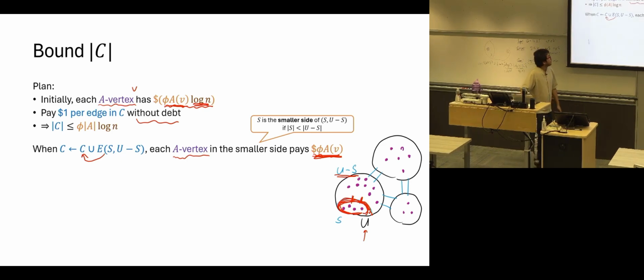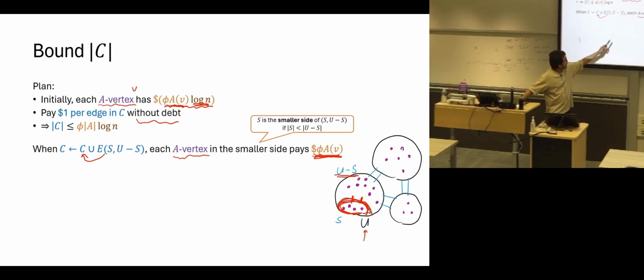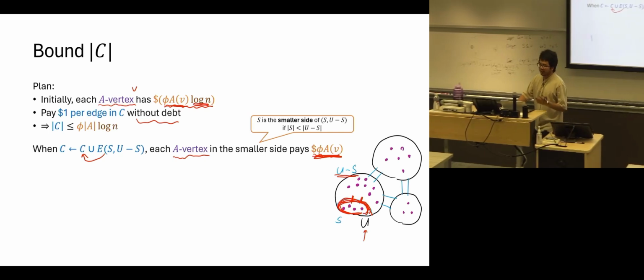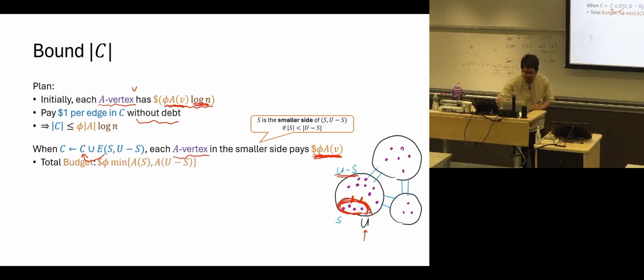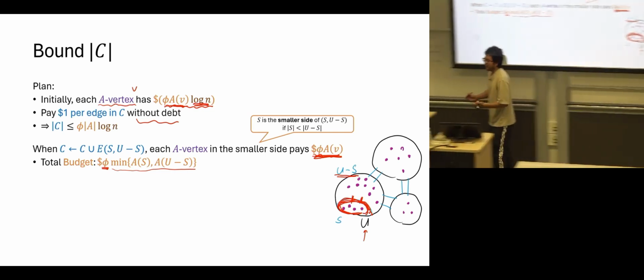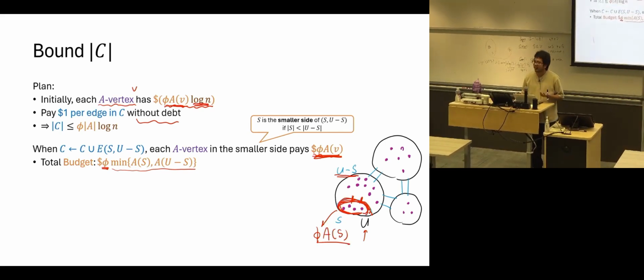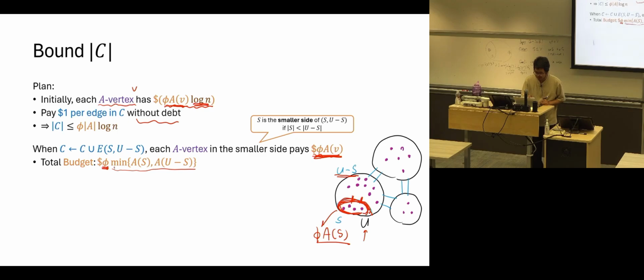If each of these nodes pays this much, then the total budget we get from vertices in A is at least 5 times the min of A on both sides, because 5 times A(S) is at least 5 times the min of the two sides.